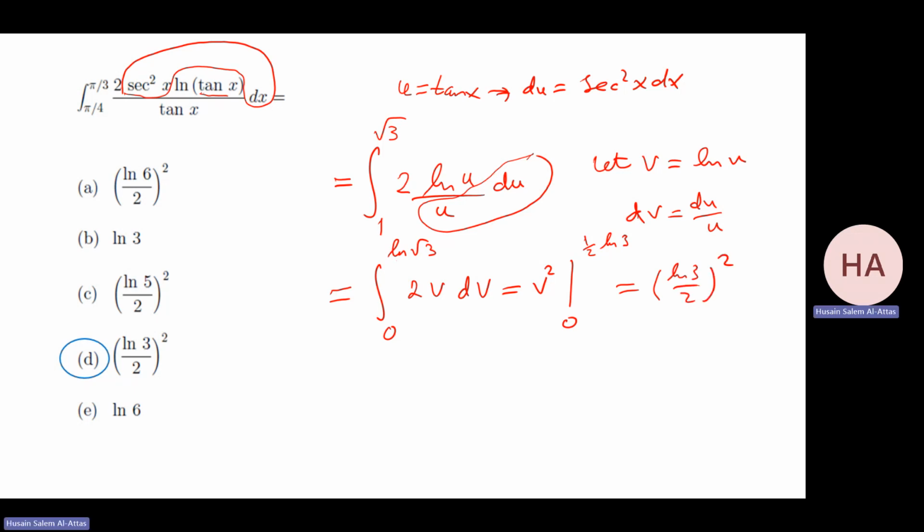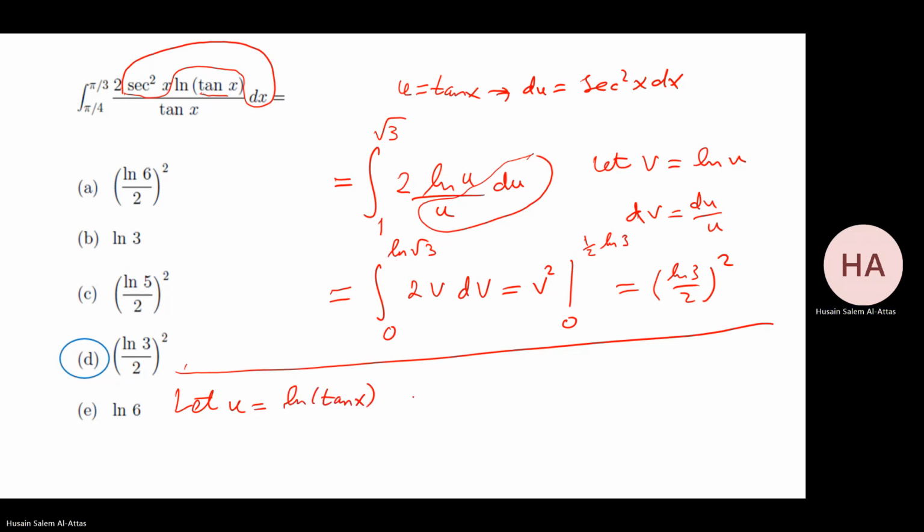This is one way. I think another way, I can do it in 1 step. I can say let u equal, let me try, ln of tan x. What will be du? Du will be over tan x, derivative of tan, which is secant squared x dx.